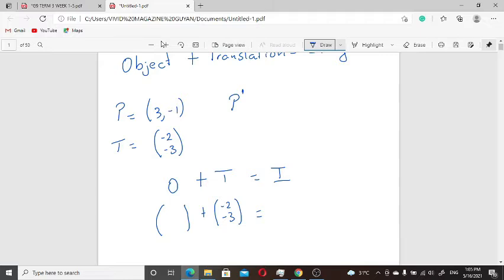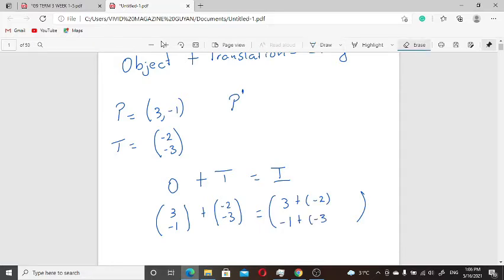Now, as I said before, the x goes on top, y goes at the bottom, and of course you maintain their signs. So writing this now, what I have is 3 plus, and I'll put in brackets, -2. So that's my top, and now for my bottom, it's -1 plus a -3.